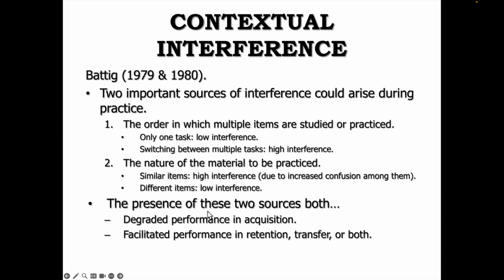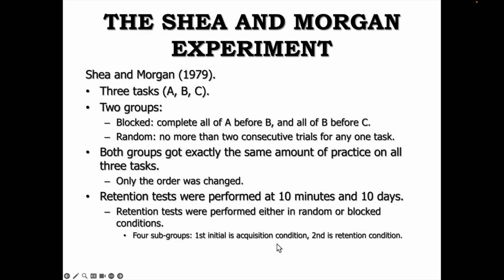The presence of the two sources also facilitated retention, transfer, or both. Essentially, as we go through the trials during the practice session, performance was not as good in each of the different tasks. However, there was better performance in retention, transfer, or both.